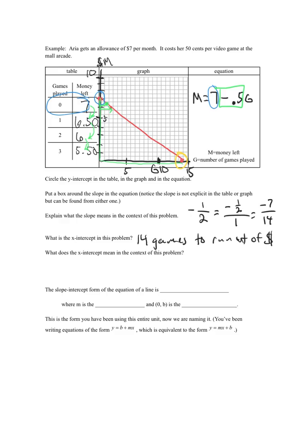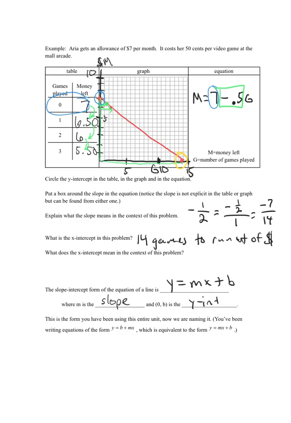So the slope-intercept form of this line, we actually kind of wrote it already. So actually we've been using the y equals mx plus b as well. So we'll say y equals mx plus b. And so m is the slope and 0, b is the y-intercept.